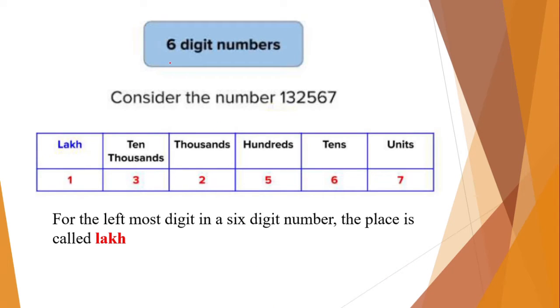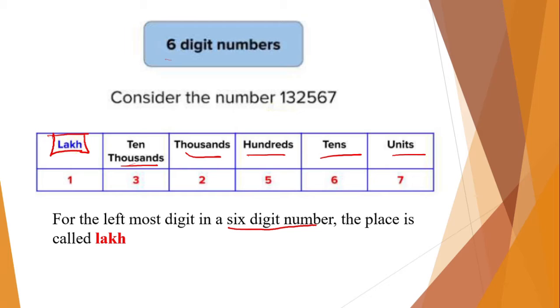So six-digit numbers. Consider the number 1,32,567. For the leftmost digit in a six-digit number, the place value is called lakh. First we have units or ones, then tens, hundreds, thousands, and the smallest five-digit number is 10,000, and then the place value comes lakh.